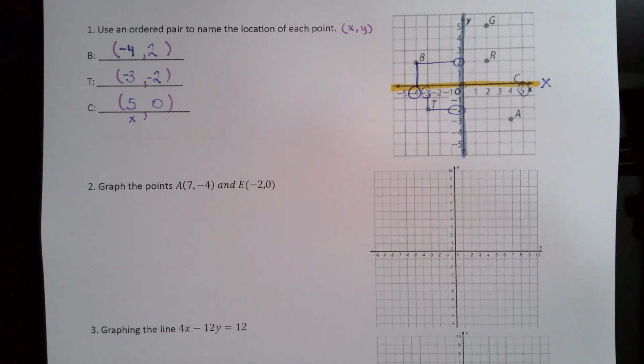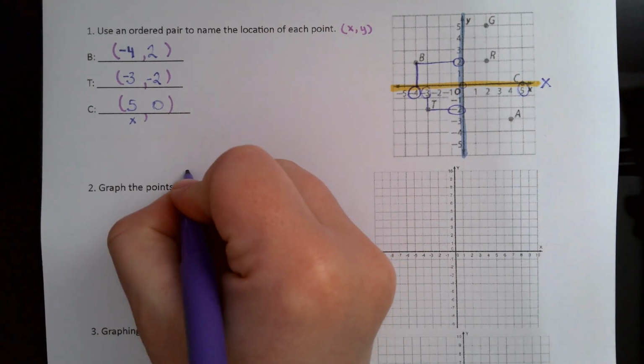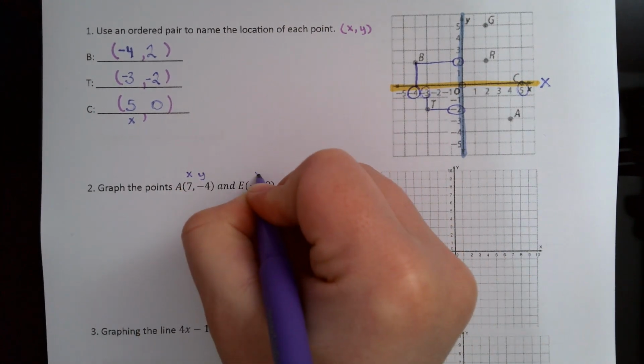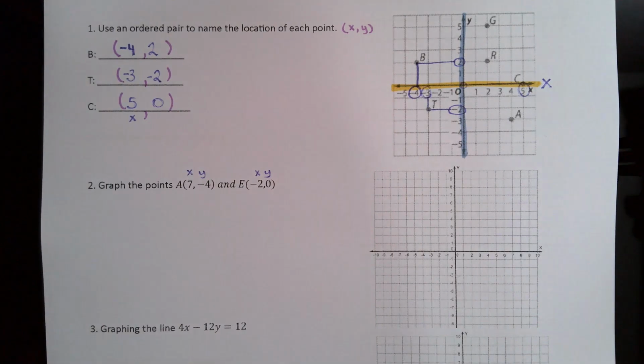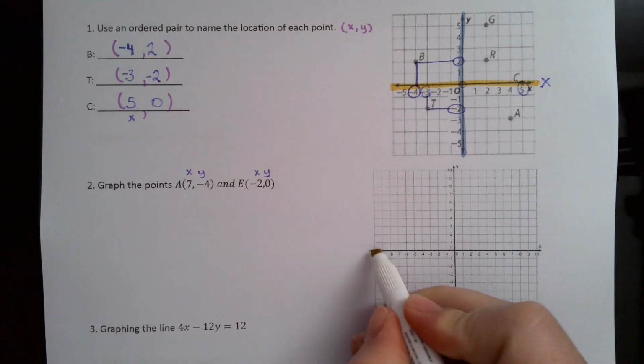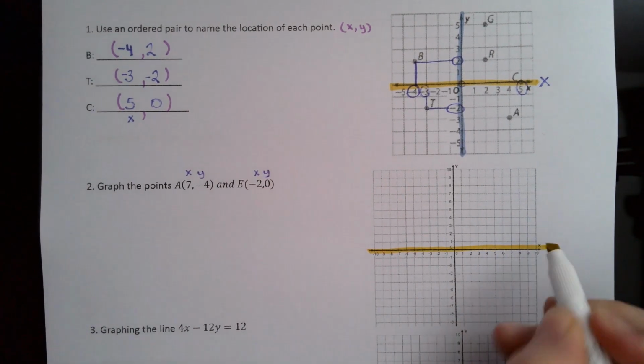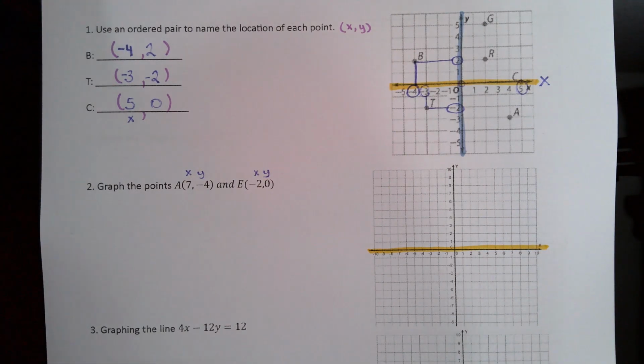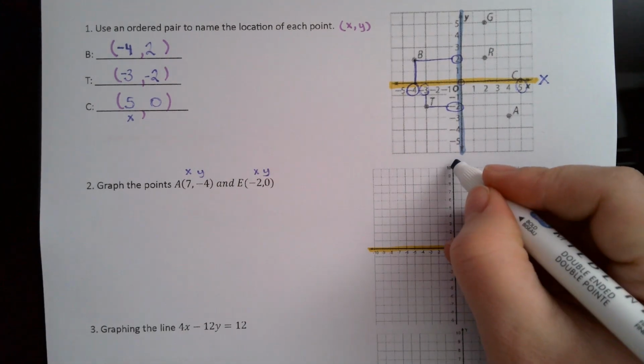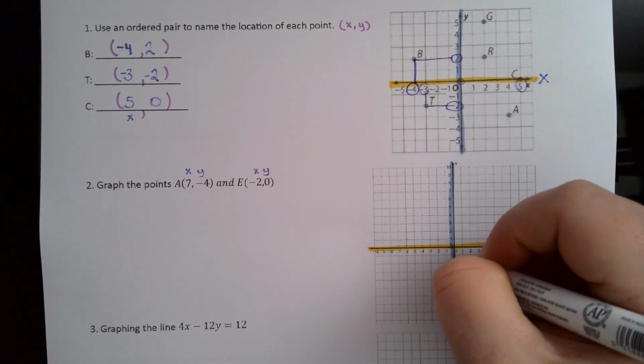Moving to question number 2, graph the points A at 7, comma, -4, and E at -2, 0. Again, we're always going to start with the X, then the Y, the X, then the Y. So for our X, I'm going to highlight this here, and our Y here. I'm going to color code some of these things for you.